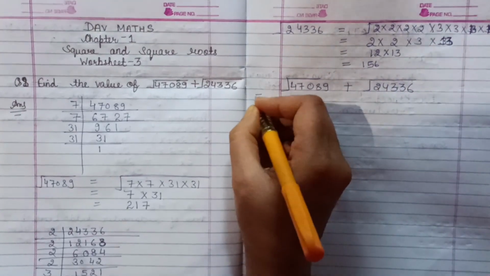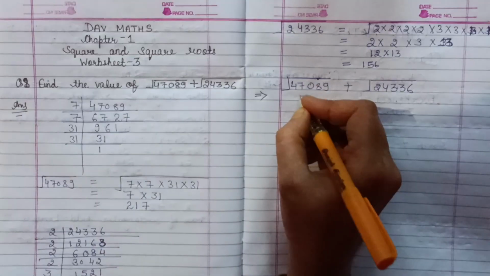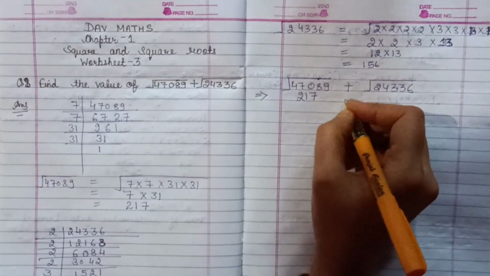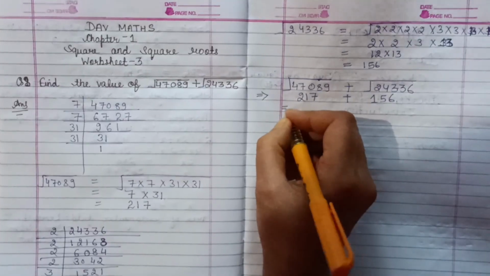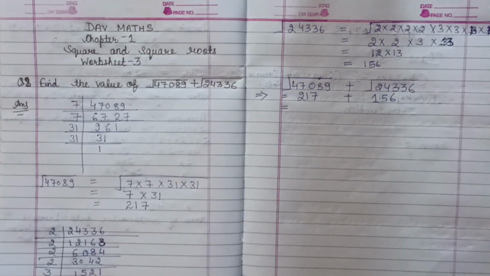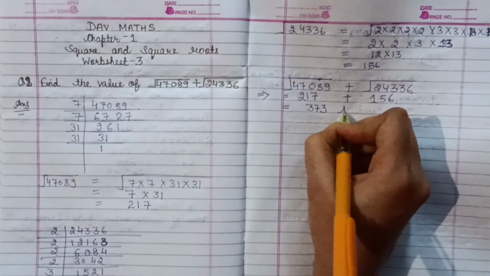Now the square root of this number is 217 plus 156. Now add them. So 217 plus 156 is equal to 373, which is our answer.